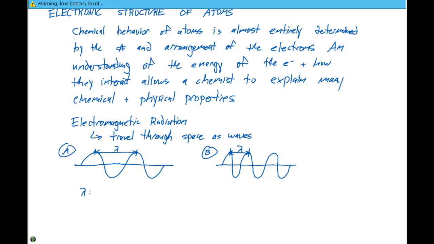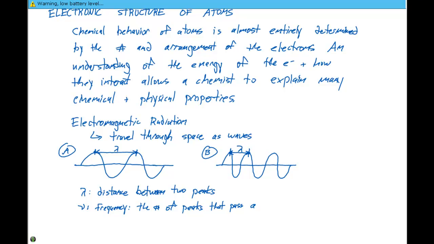So the wavelength is going to be the distance between two peaks on the same wave. The Greek letter nu is used to abbreviate the frequency. And the frequency is the number of peaks that pass a given point per second.